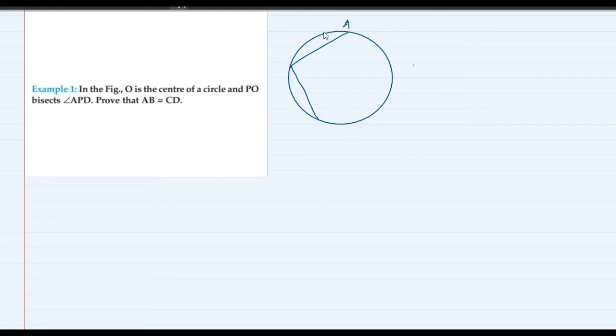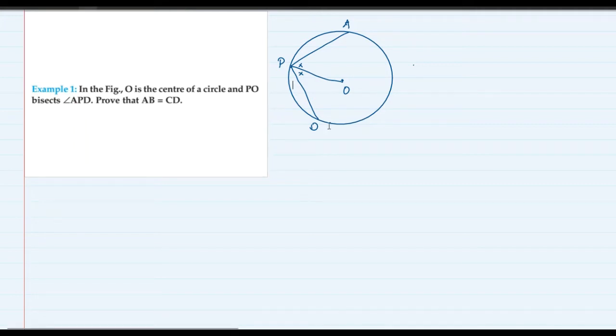This is angle APD. This is the center, and OP is bisecting this angle. Prove that AB is equal to CD.